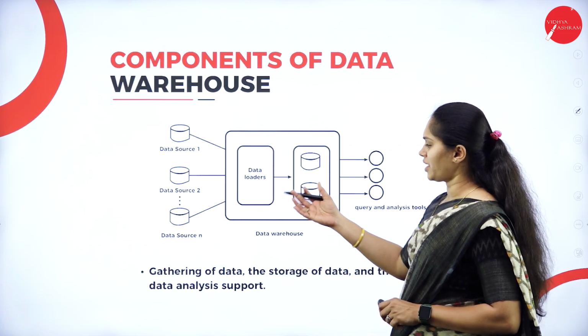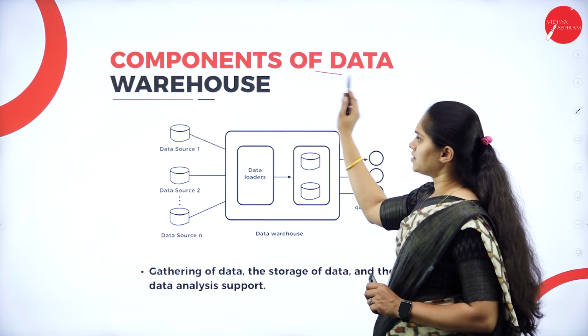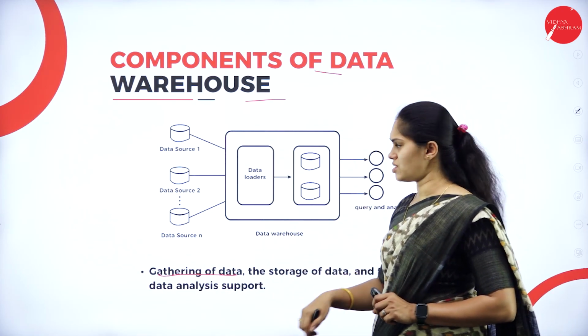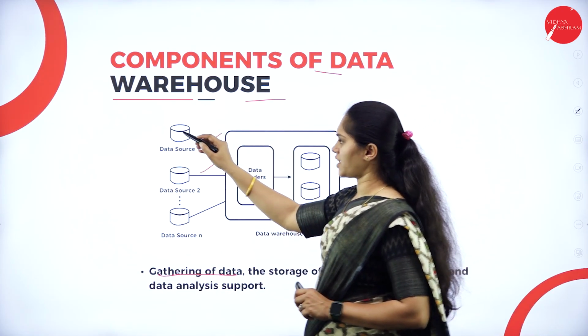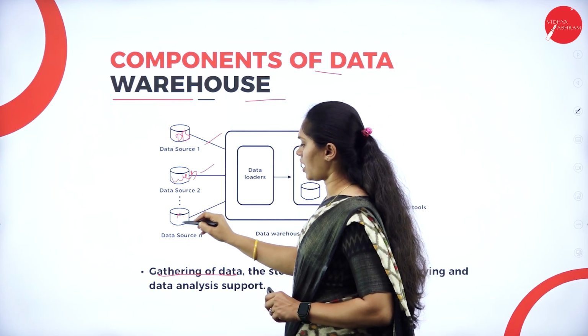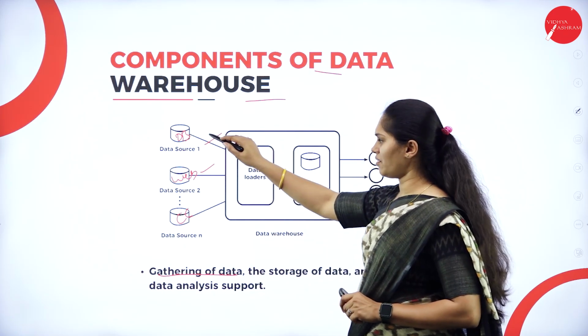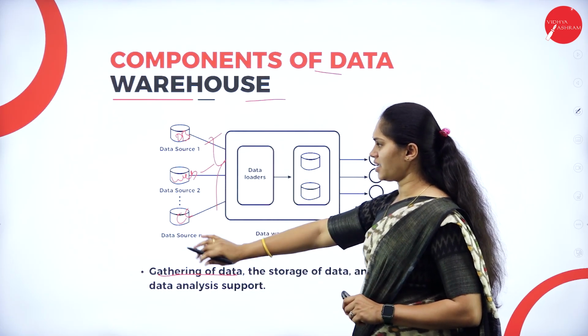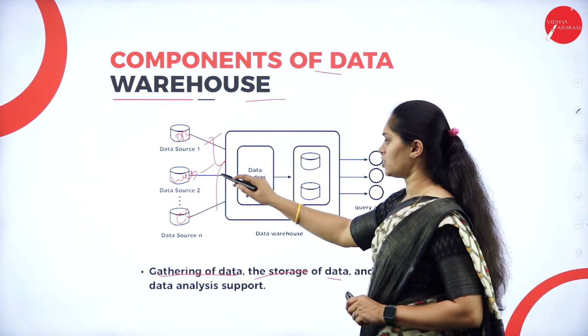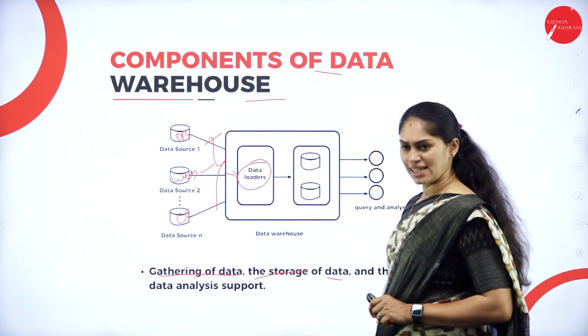And also you can see the components of the data warehousing here. First we need to gather the data from different sources. So for data source 1, for example, I can collect the data from a database, from the web, or from cloud computing. There will be different sources. Once it is gathered, that needs to be stored, the storage of data. That will be loaded through the data loaders.